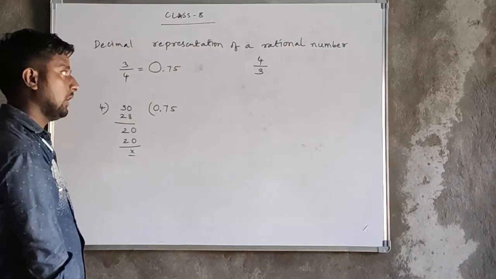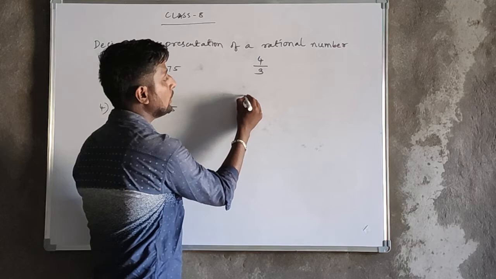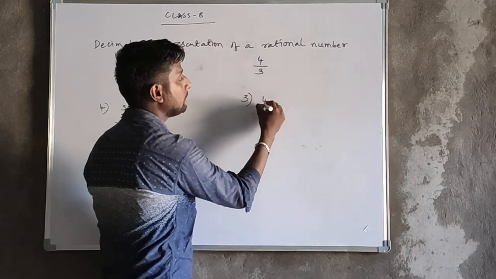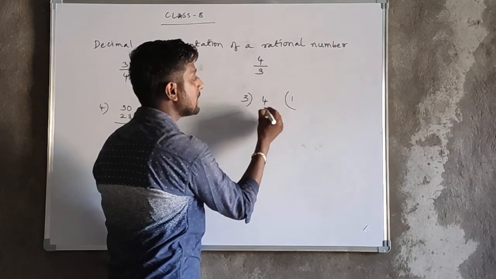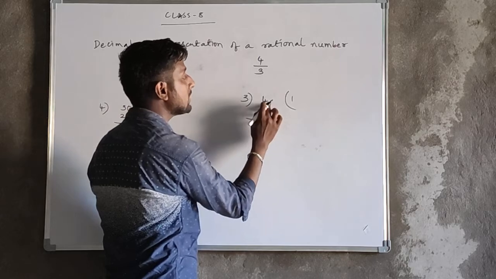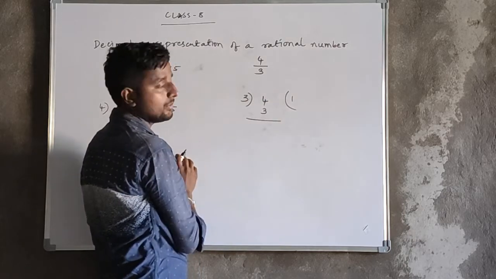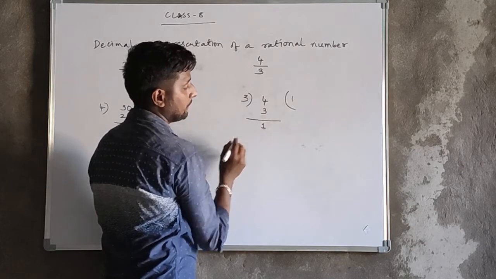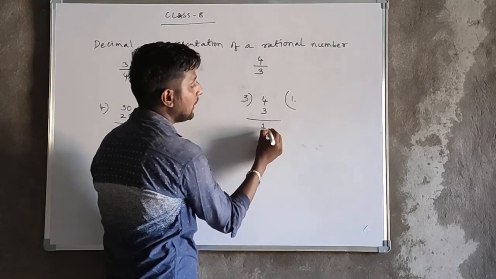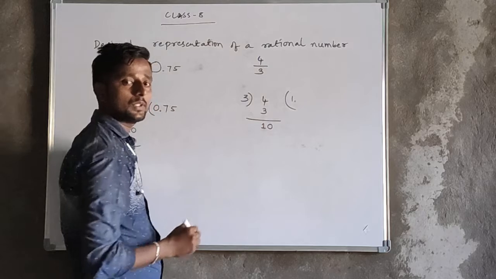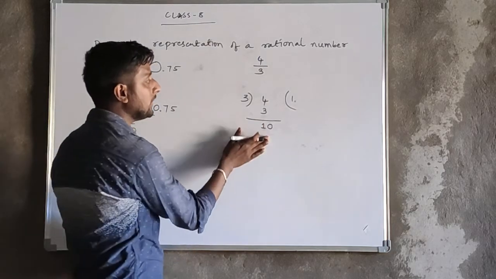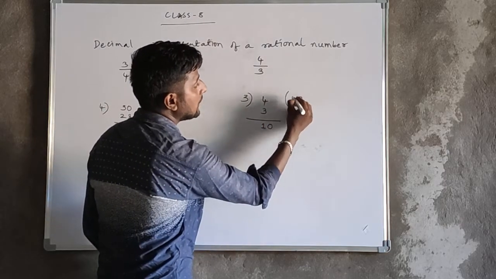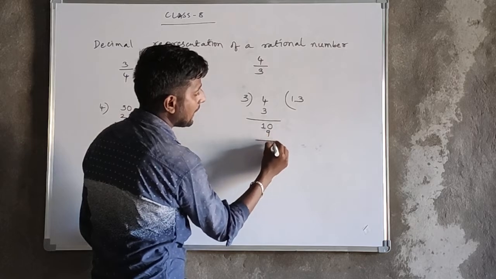Now if you come back here, 3 divides 4. 3 ones are 3, and 4 minus 3 is 1. If I take the decimal, it will become 10. In the 3 table, 3 threes are 9, again 1.